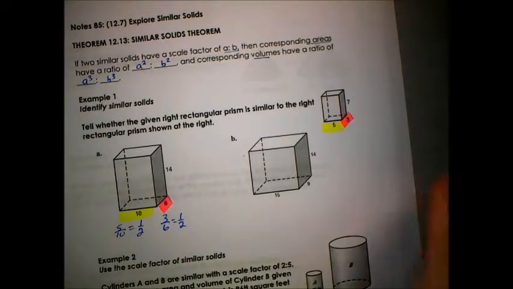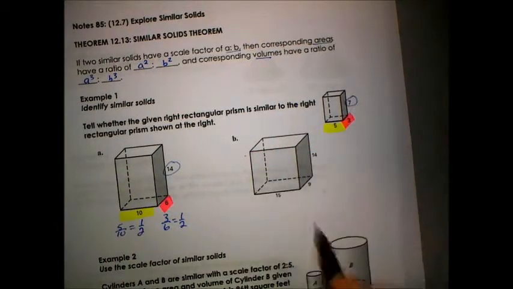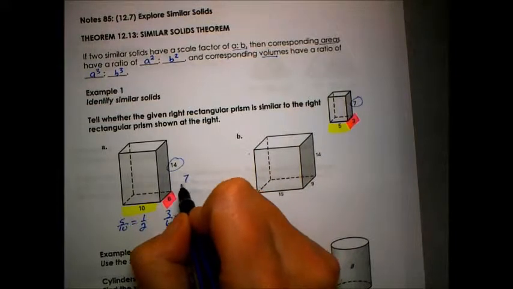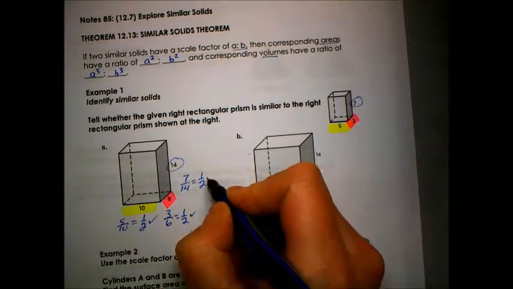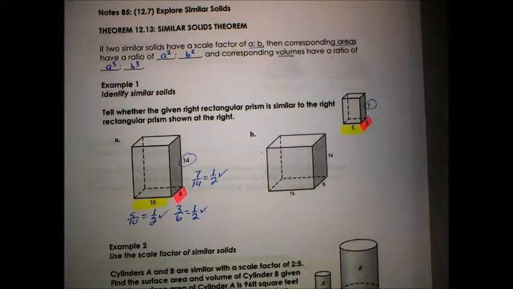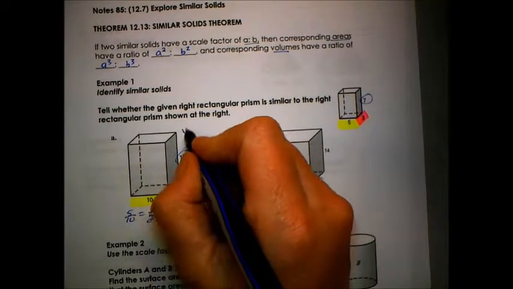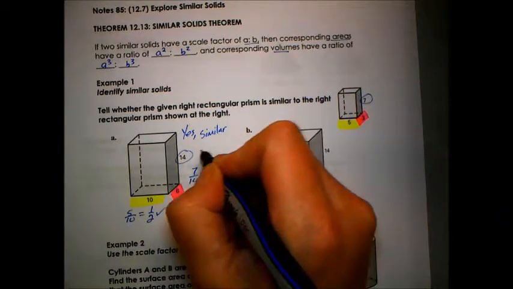And then I need to check the last side, which will be the 14 and the 7. So I do 7 over 14, and this reduces to 1/2. So I have 1/2 on all 3 of the side ratios. That means that these two shapes are actually similar, and the reason is they have a scale factor that is 1/2.